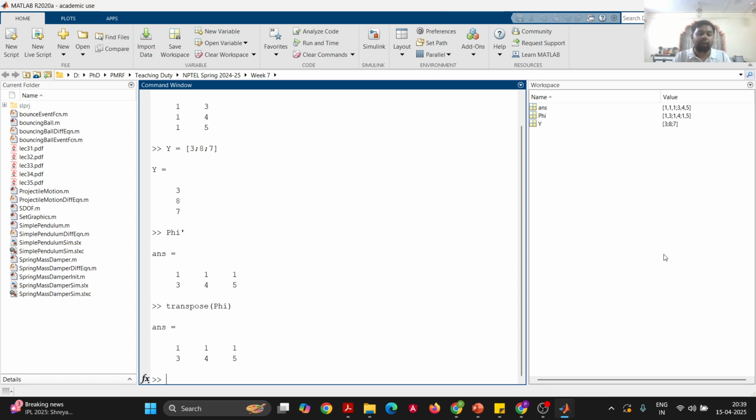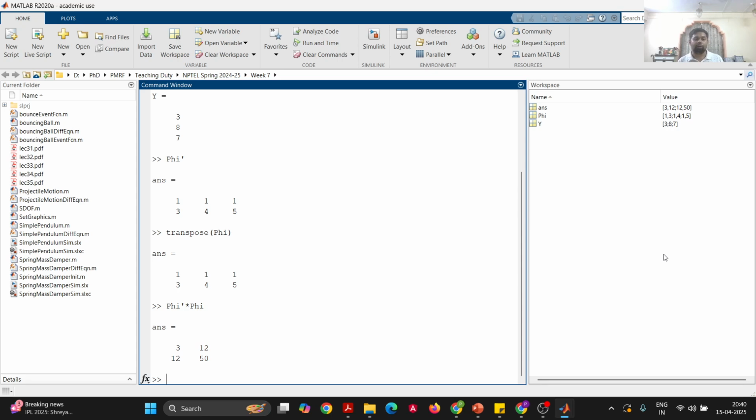And to multiply these matrices, phi transpose into phi, we can use phi dash into phi, which is 3, 12, 12, 50. So this is phi transpose phi.